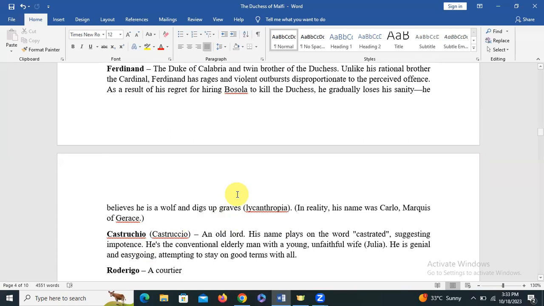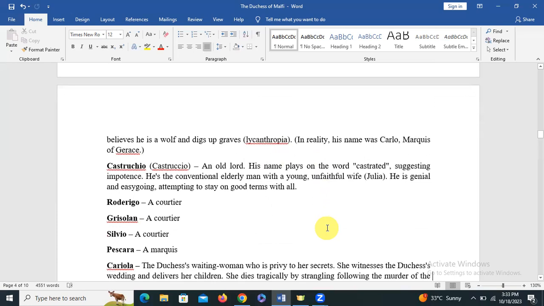At the end, he became mad, and he was blaming Bosola for killing his sister, and behaving like a wolf, digging up graves. This is a kind of disease where you feel like you are a wolf, or you behave like a wolf. This disease is lycanthropy, where you behave like a wolf.